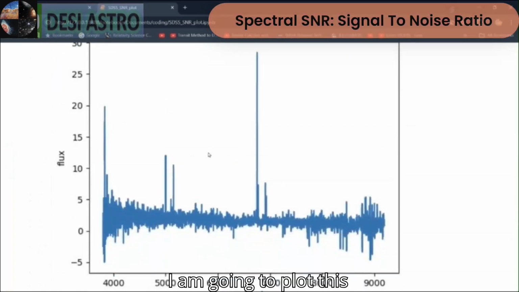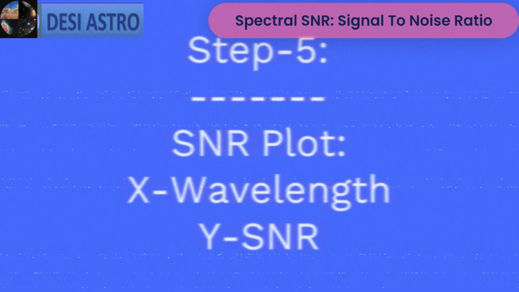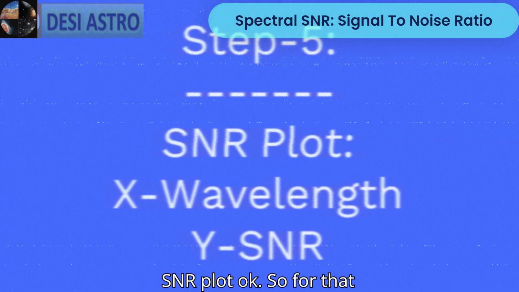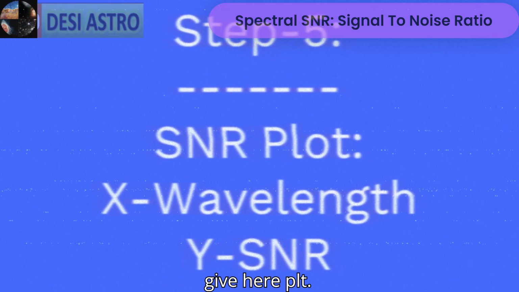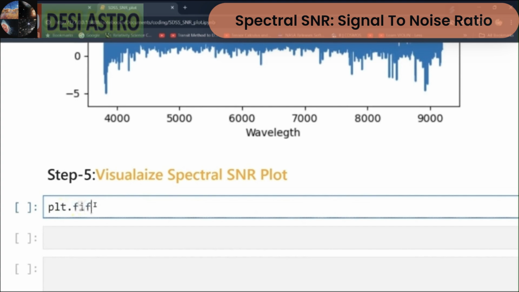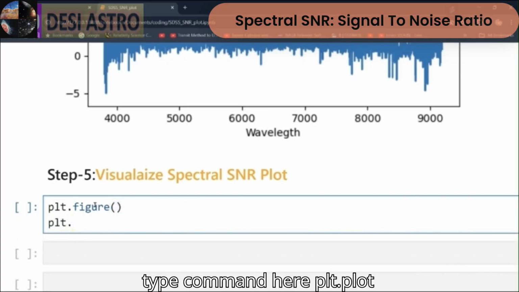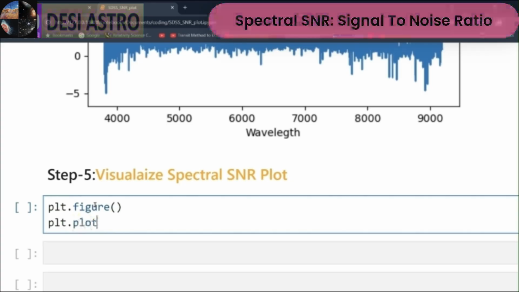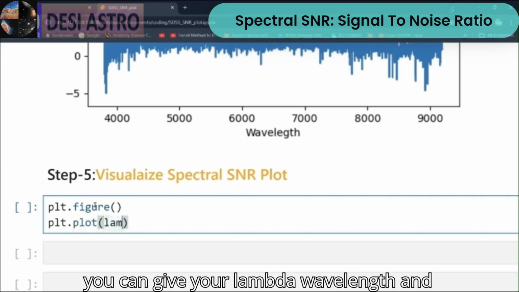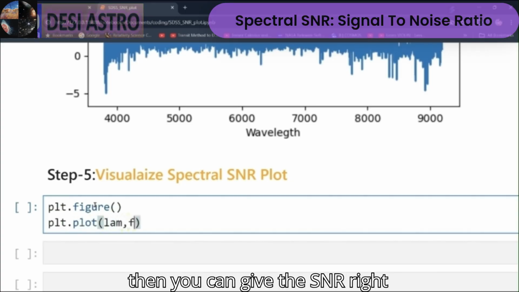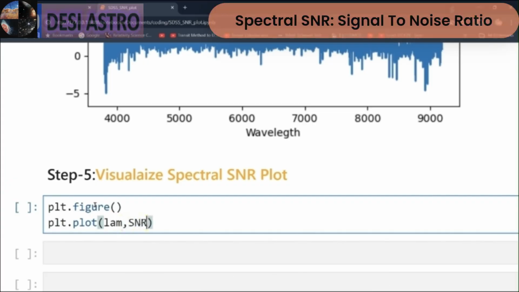Now I'm going to plot this SNR plot. So for that, give here plt.figure, right? And then you can type the command plt.plot. You can give your lambda wavelength, and then you can give the SNR, right?